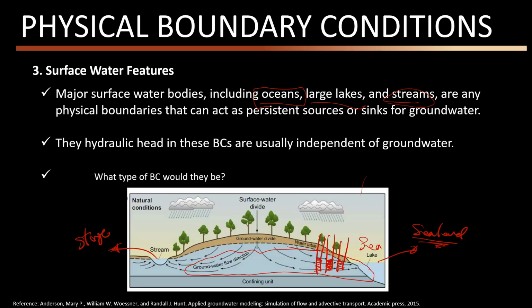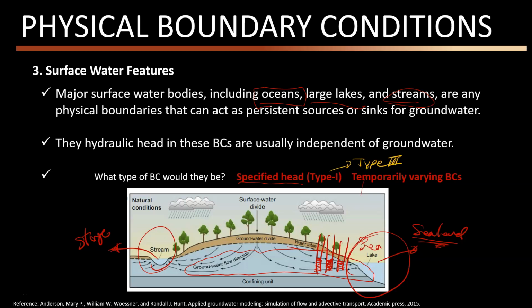And as you can guess, type 1, at which we specify the head condition, is a proper boundary condition to usually model the physical boundary condition, but this is not the only one. Actually, type 3 is another alternative to represent the lakes or streams in many groundwater cases, which we are going to talk about later on.